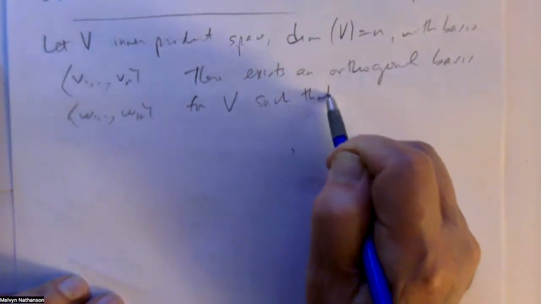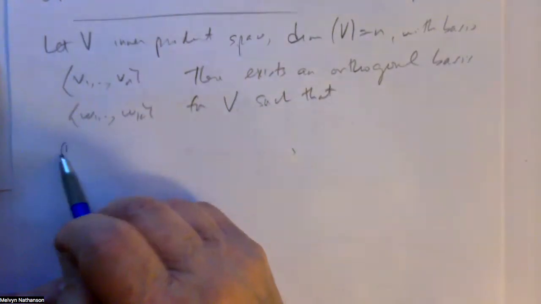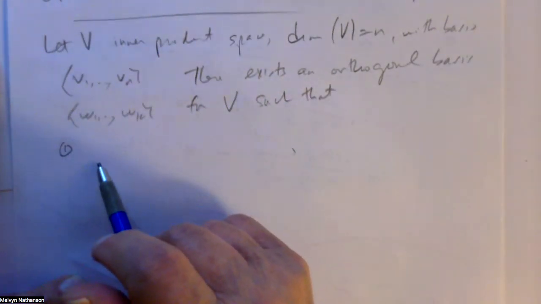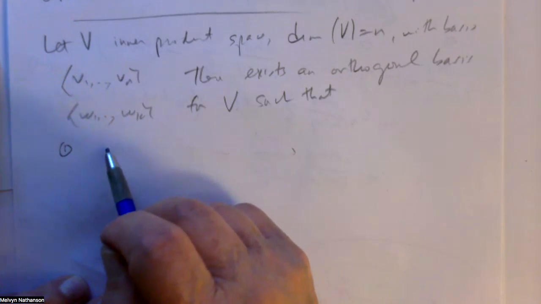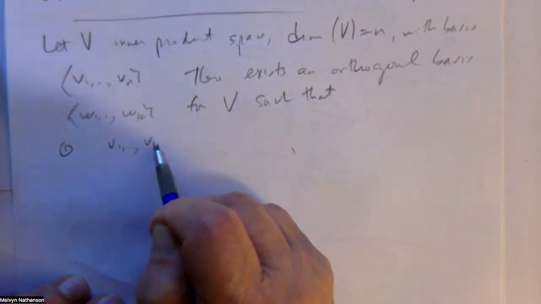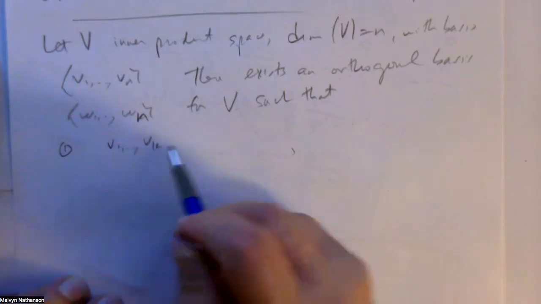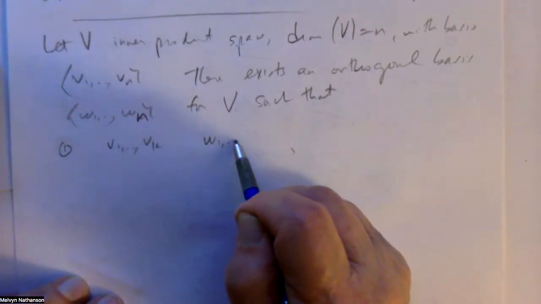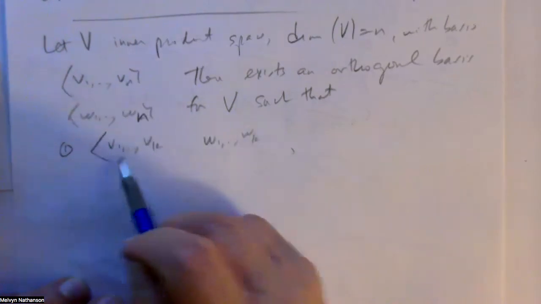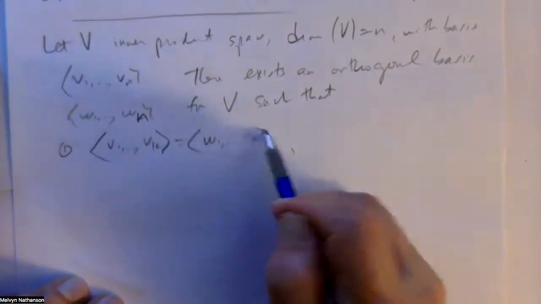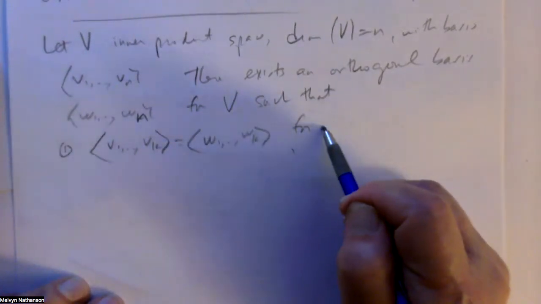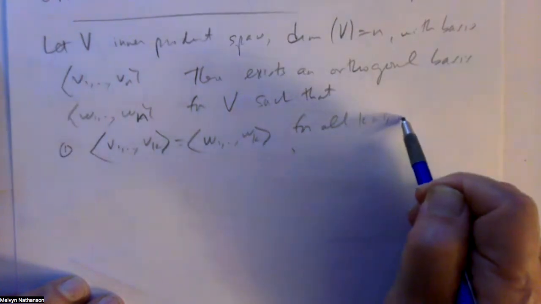First, if I take the first k vectors of V and the first k vectors of W, they generate the same subspaces for all k going from 1 up to n.